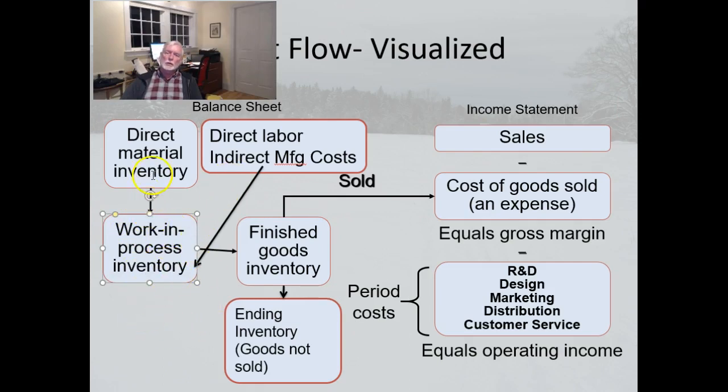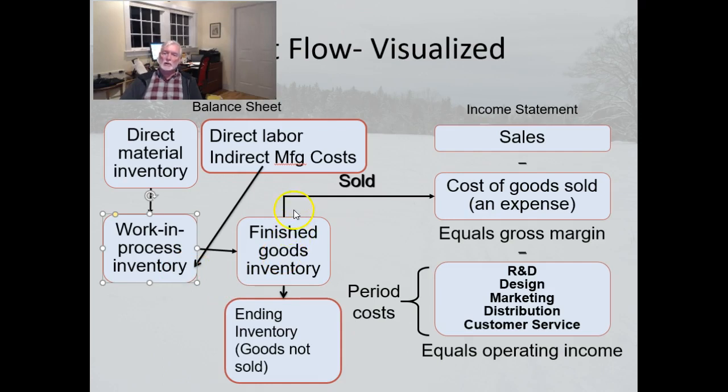So the direct material and the labor and indirect manufacturing costs become part of an asset called work in process inventory. I add some more labor and indirect manufacturing costs, and we finish this process and we end up with finished goods inventory, still an asset.